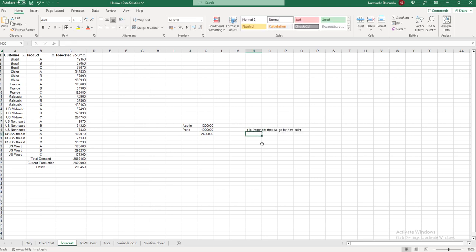Why? The reason is, though we increase the total plant production to maximum, that is 1,200,000 units, it is not possible for both plants, Austin and Paris, to satisfy the demand that is there for the products in the market. So considering this situation, we conclude that we are supposed to go for a new production plant.